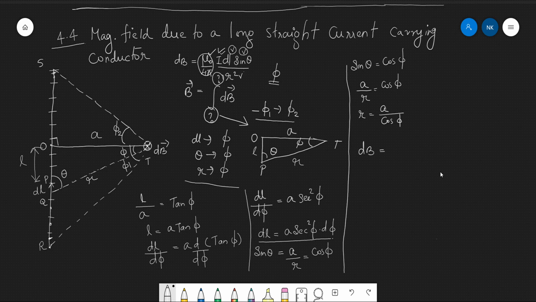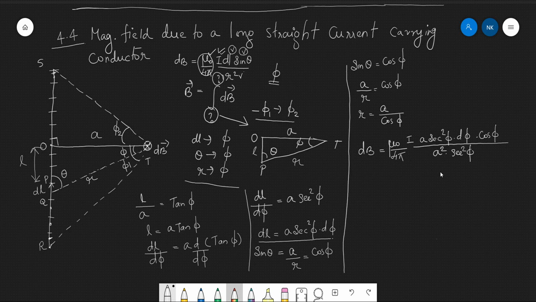the revised form of magnetic field due to the small segment dl is dB equal to mu naught by 4 pi I into, instead of dl I am going to have a times sec square phi into d phi, that is dl, and for sine theta I am going to have cos phi, and for r square I am going to have a square upon cos square phi, it can be written as sec square phi.